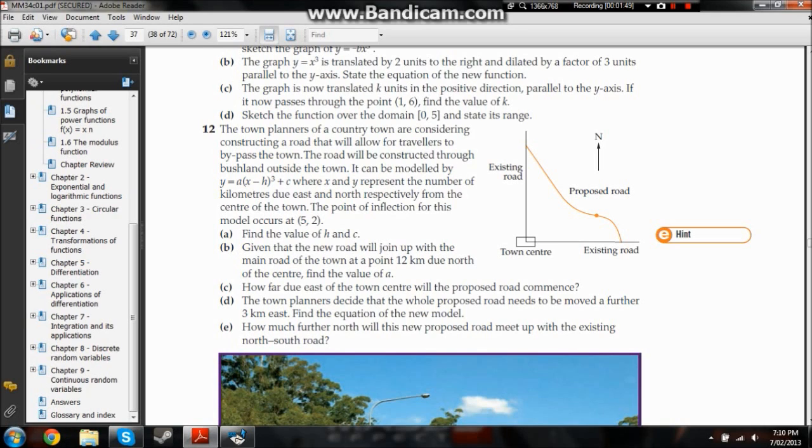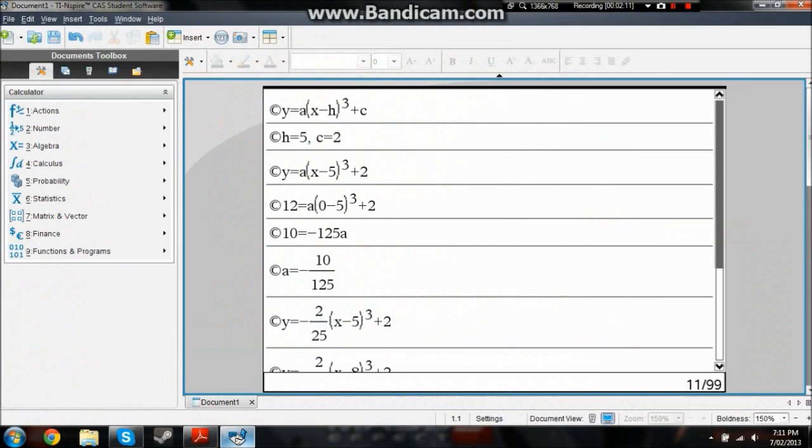It's basically saying that is 12 on the y-axis. And you may think you've only got 1 point from that, but because it's an intercept, we know that the x is 0 and the y is 12 at this point. So if we substitute in 12 as the y and x as 0, we can solve for a, because that'll be the only variable left.